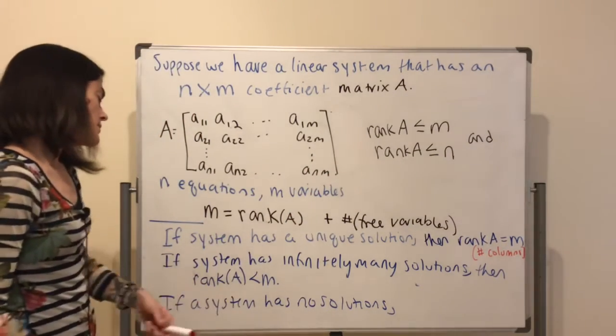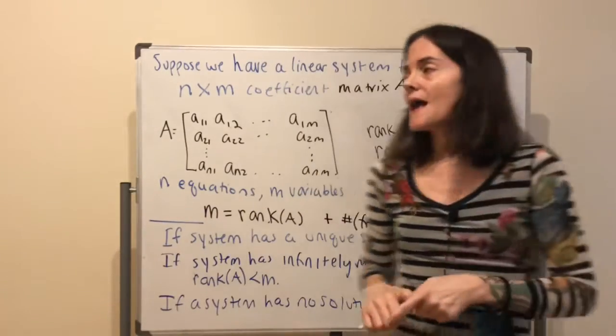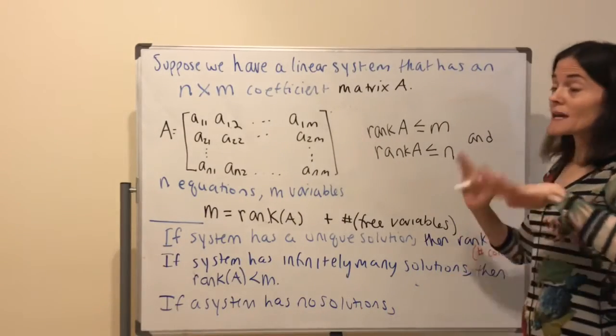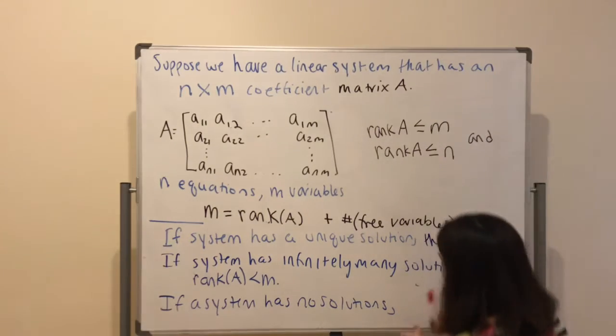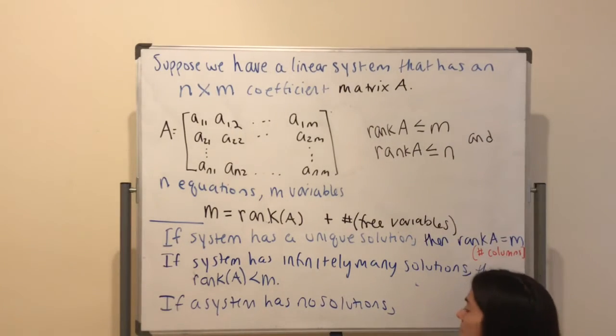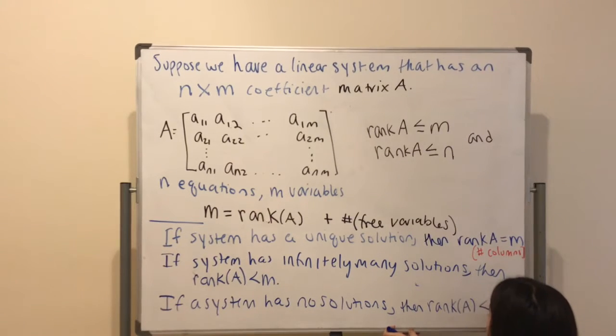Okay, so if you have no solutions, well, the rank must be strictly less than the number of rows, because you have this row of all zeros. Then the rank of A is strictly less than the number of rows.